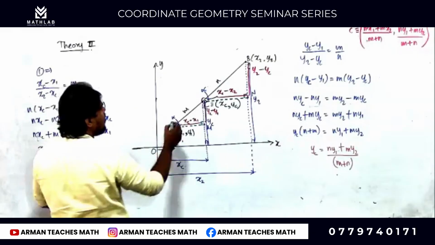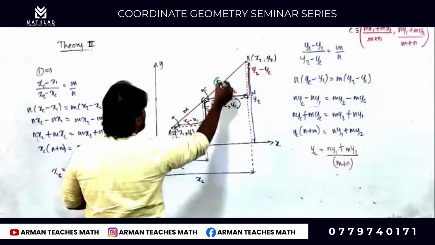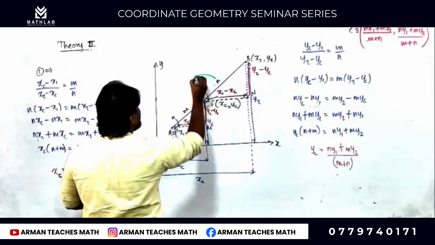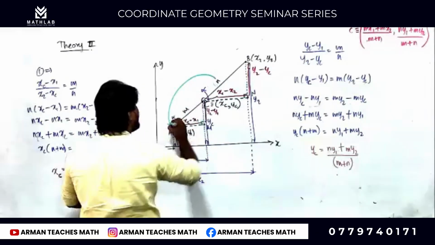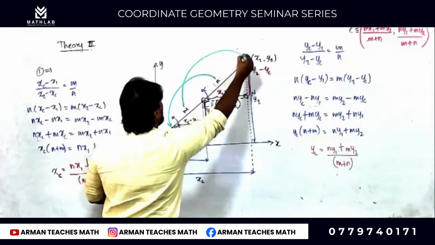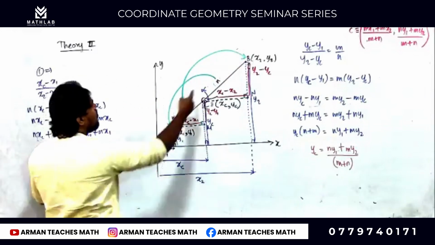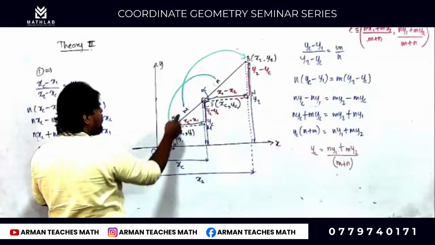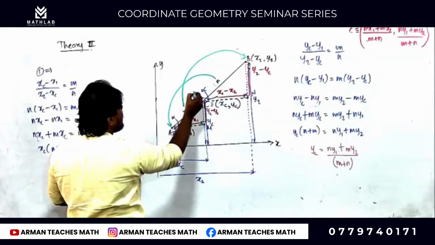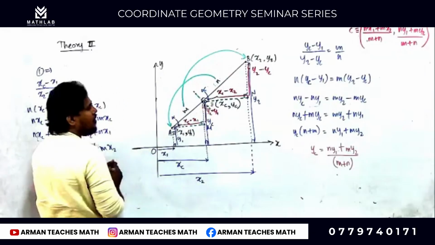Listen, this ratio is multiplied with these coordinates, and that ratio is multiplied with these coordinates, each with its opposite one. This is the margin, C is the point.